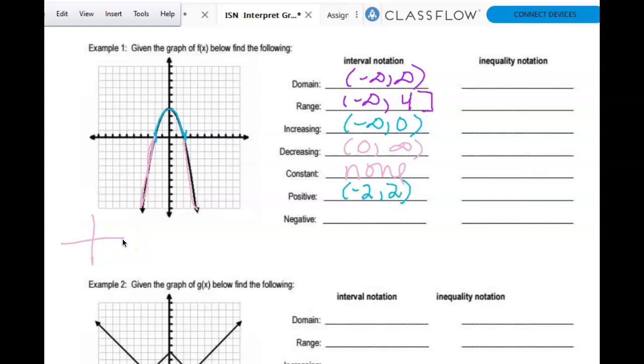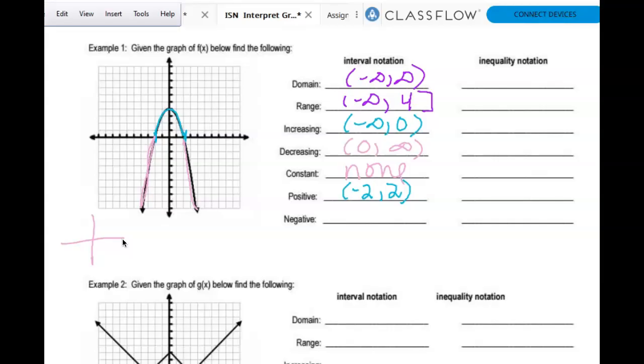So that's where the blue is. That's where the positive part of that function is. It's above the x-axis. Does that make sense? And where the pink is below the x-axis, that's the negative. So even if you can't do anything else, do we have that? Okay, so that's where the y's are.